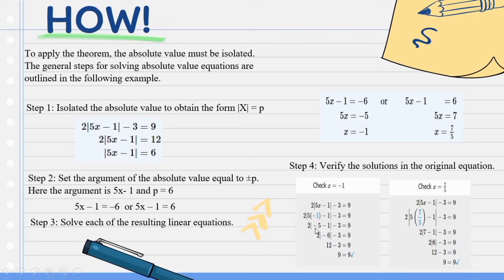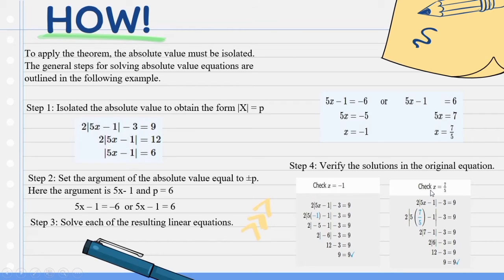After that, minus 5 minus 1 equals minus 6. Absolute value of minus 6 equals 6. 2 times 6 is 12, and after that 12 minus 3 equals 9. 9 equals 9. This x equals minus 1 is correct.